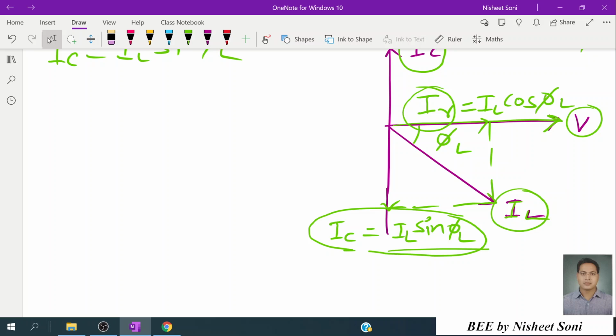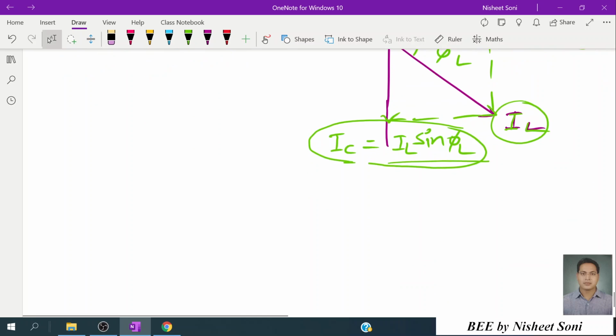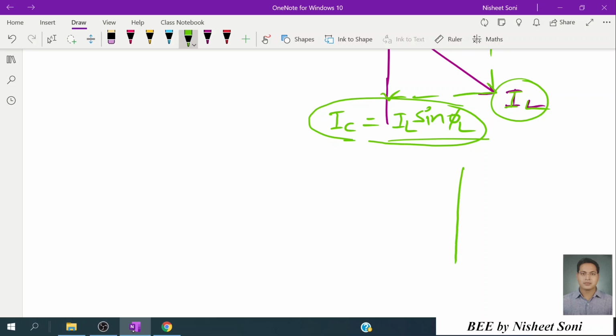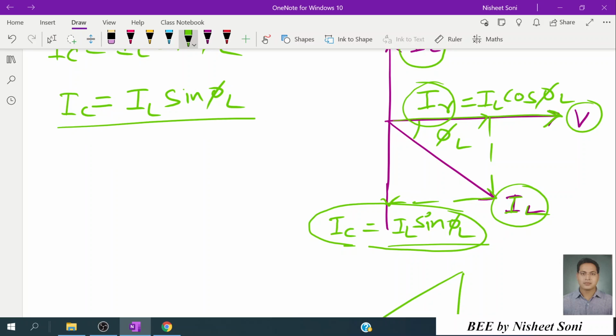So what we can see in parallel resonance condition, we have already seen that IC equals IL sin phi L. If we want to make an impedance triangle here, this is phi L, this would be R. First we have to solve this.